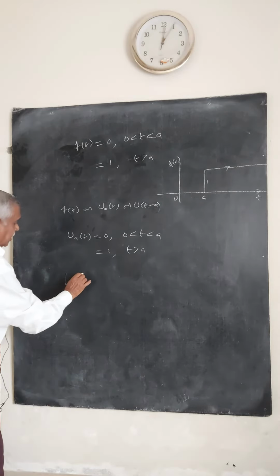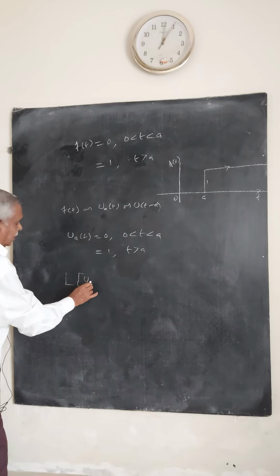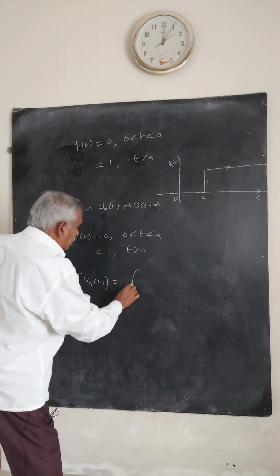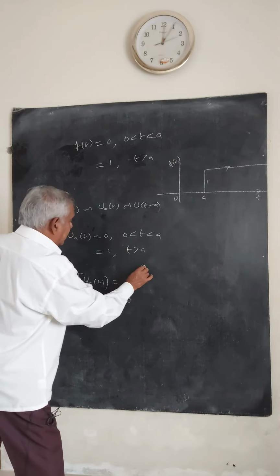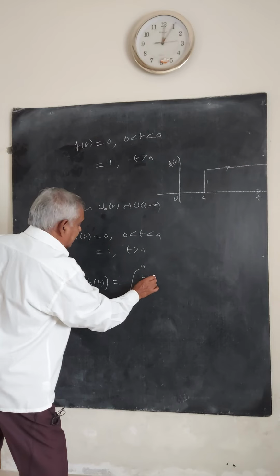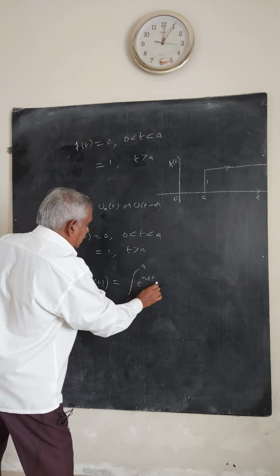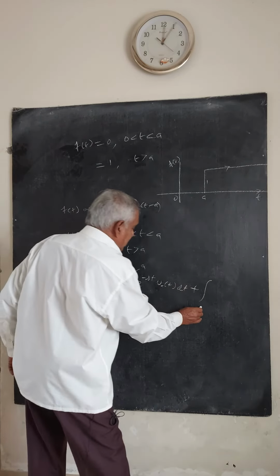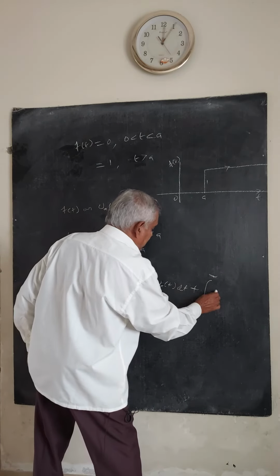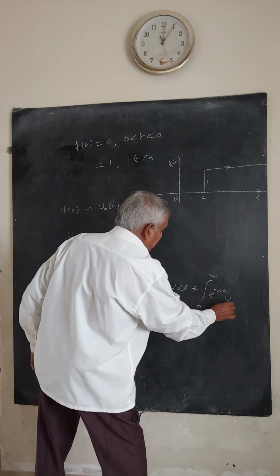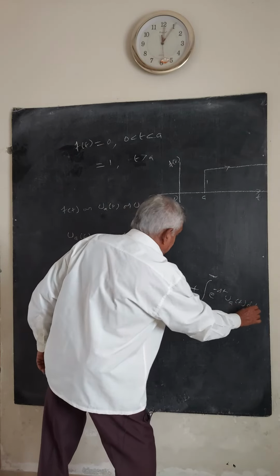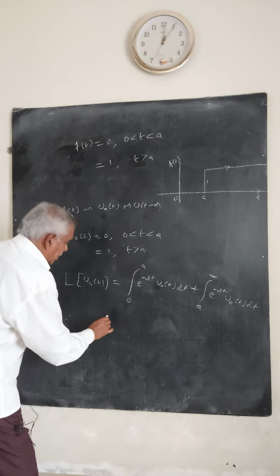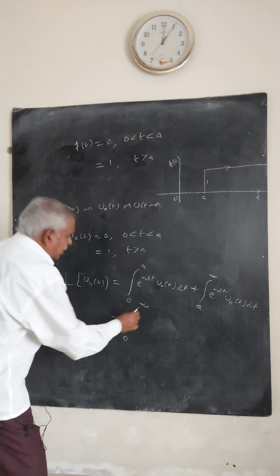Let us write the Laplace transform of u_a(t) equal to the integral from 0 to a of e^(-st) u_a(t) dt plus the integral from a to infinity of e^(-st) u_a(t) dt. We can write f(t) also here.